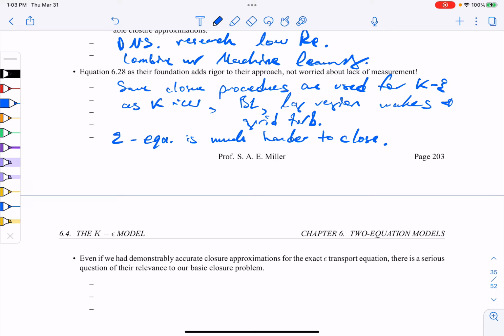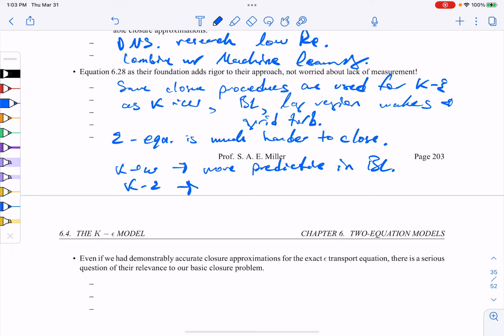So something we often notice is that the K-omega-like closures are more predictive in the boundary layer, but K-epsilon seems to just be, in general, more predictive in the outer layer or free stream.